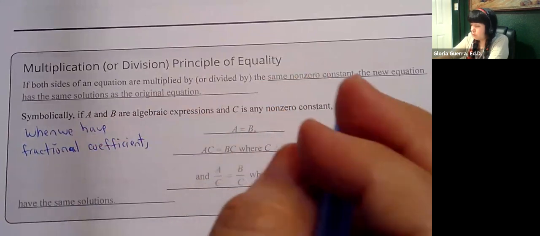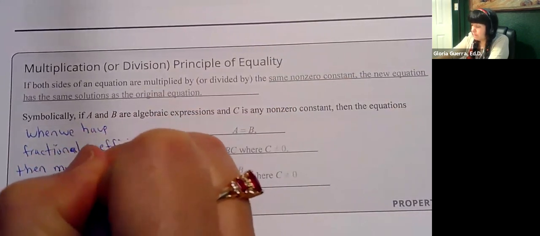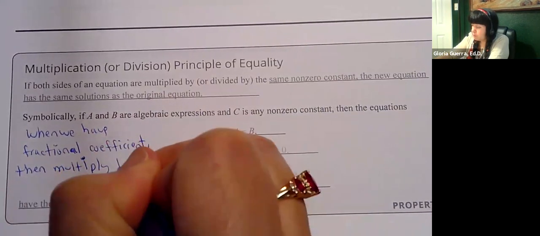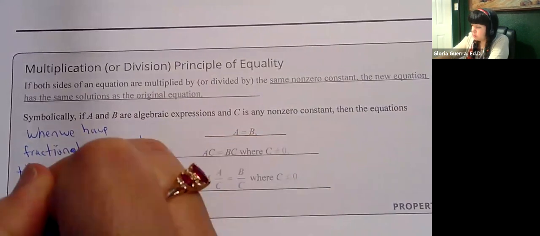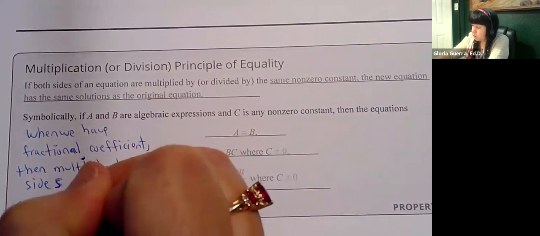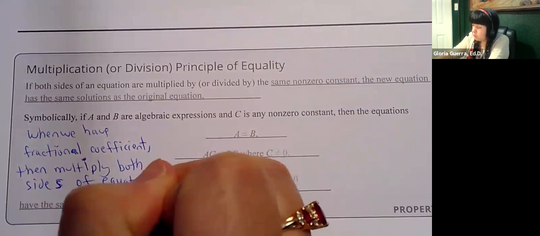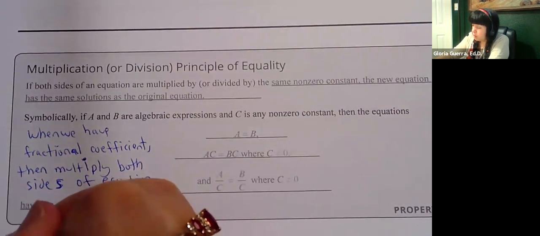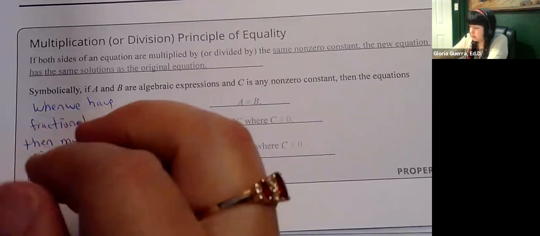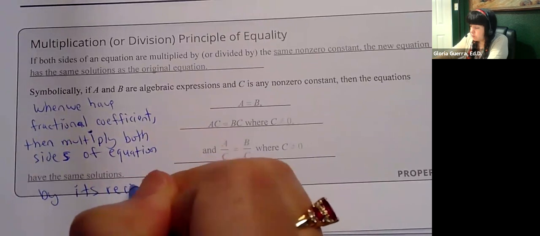When we have fractional coefficients, that's usually when we multiply both sides of the equation by its reciprocal.